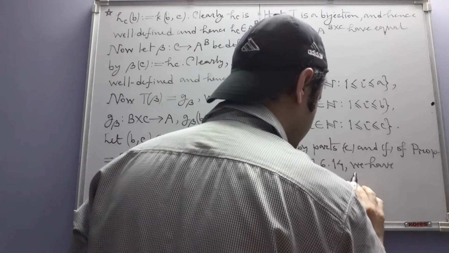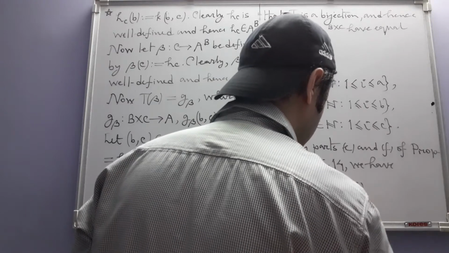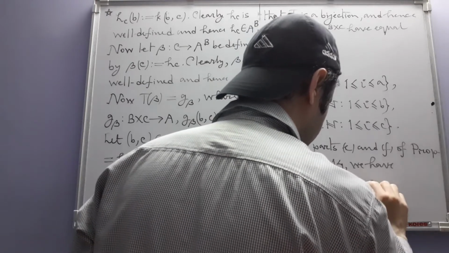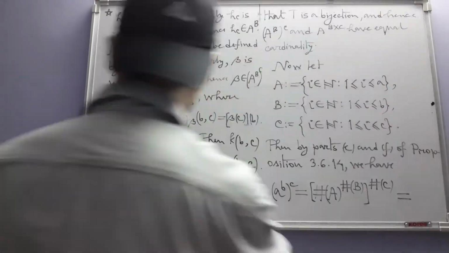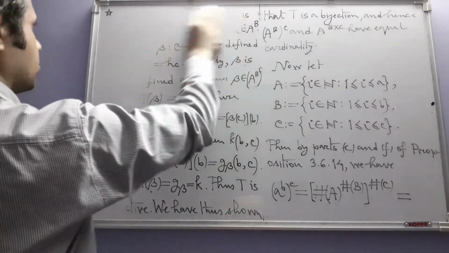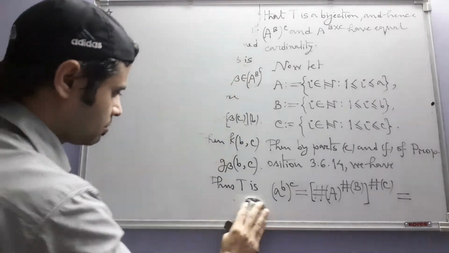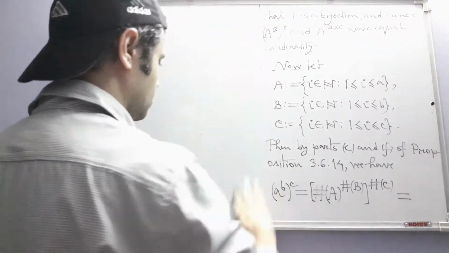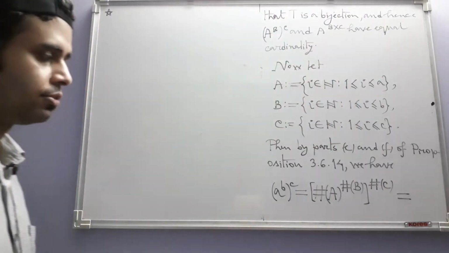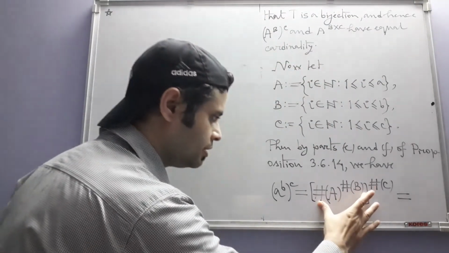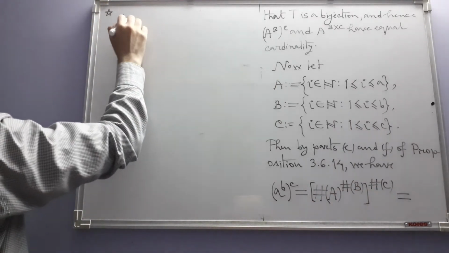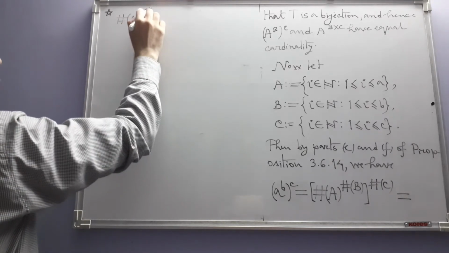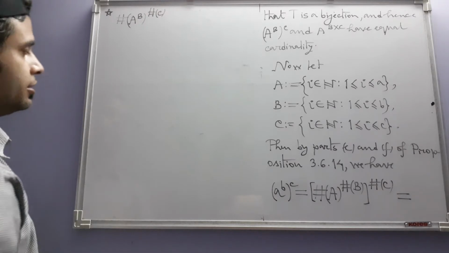This is the cardinality of B to the power, this is the cardinality of C. Now we apply part F. Okay, applying part F, this becomes equal to the cardinality of a to the power b whole to the power cardinality of c.